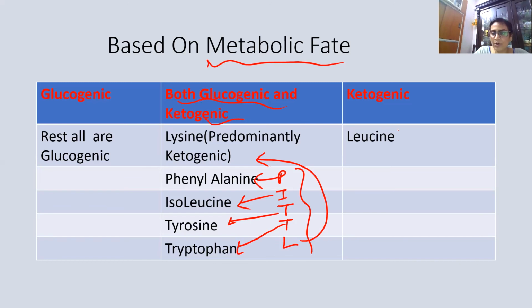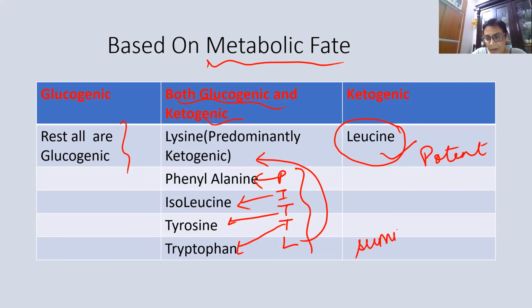But if we talk about ketogenic, leucine is the most potent ketogenic amino acid. Always remember this, right? And glucogenic are the rest. So if we say 1, 2, 3, 4, 5, 5 are both, 1 is only ketogenic and the rest are glucogenic. So this is a summarized version of all the amino acids.